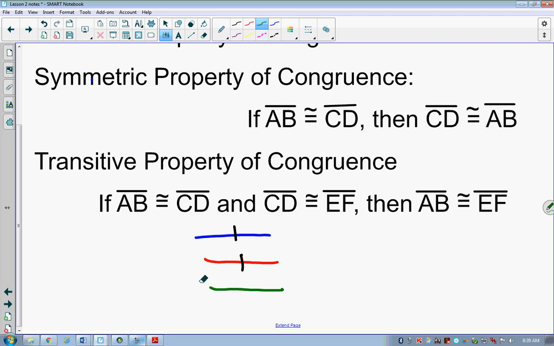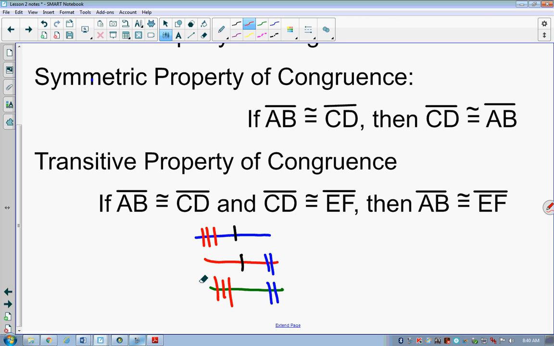And I know that the red line and the green line are equal to each other, they're both the same length. Then what I end up finding out is that the blue line and the green line are equal to each other. That is the transitive property.